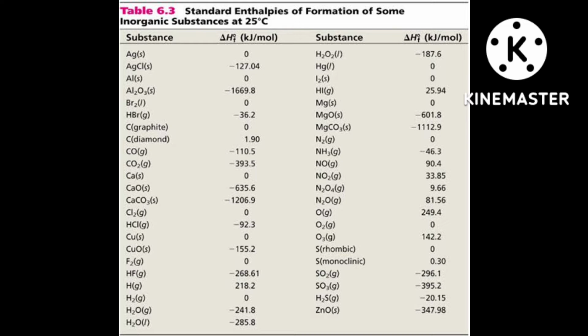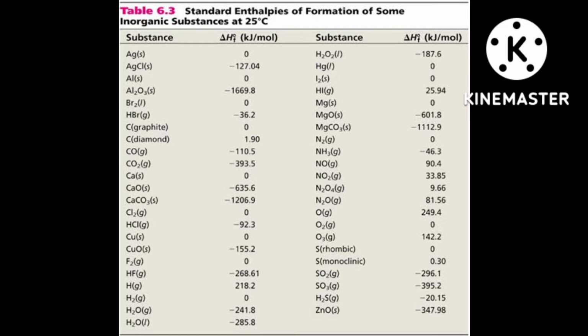The other is magnesium oxide. It is a solid. Magnesium oxide is a solid, and silicon tetrachloride, SiCl4, is a gas. Then which one is stronger? Silicon tetrachloride, SiCl4, is stronger than solid magnesium oxide.